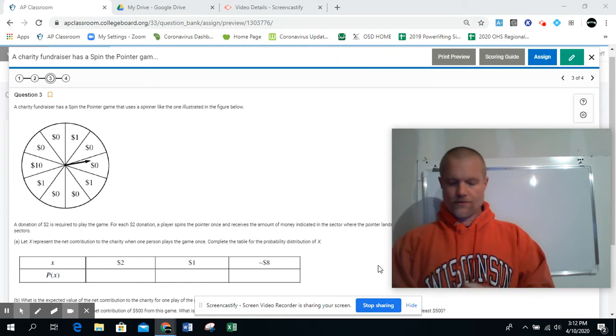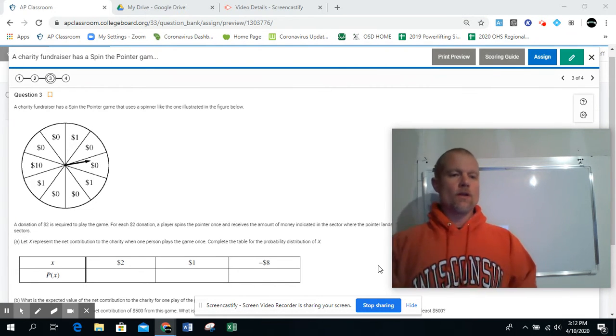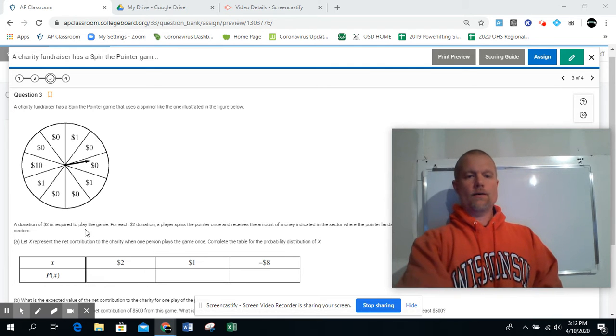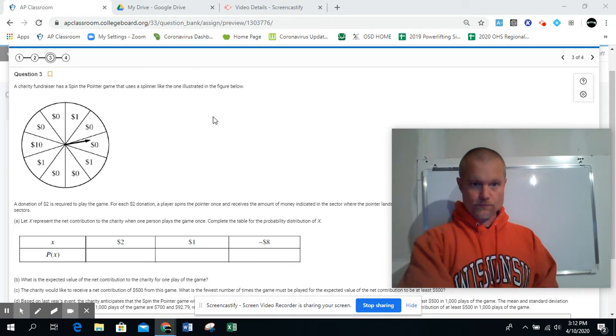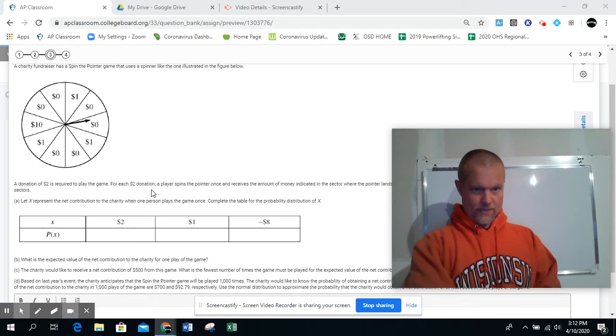Okay, we're going to look at some expected value problems. So we have a charity fundraiser that has a spinner, and it says a donation of $2 is required to play the game.